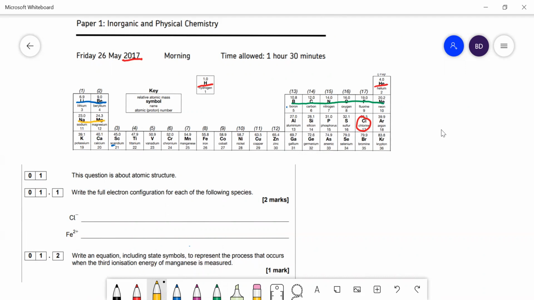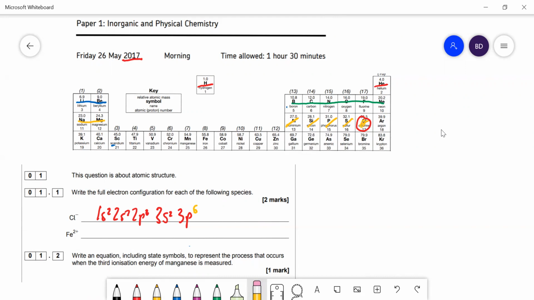Okay, so I'll write that down. So we have got 1s2, 2s2, 2p6, 3s2, and then we get to 3p. Now in the chlorine atom, we are going to have 1, 2, 3, 4, 5 electrons, but it's the ion, it's got an extra electron, so it's going to be 6. So it's 3p6.